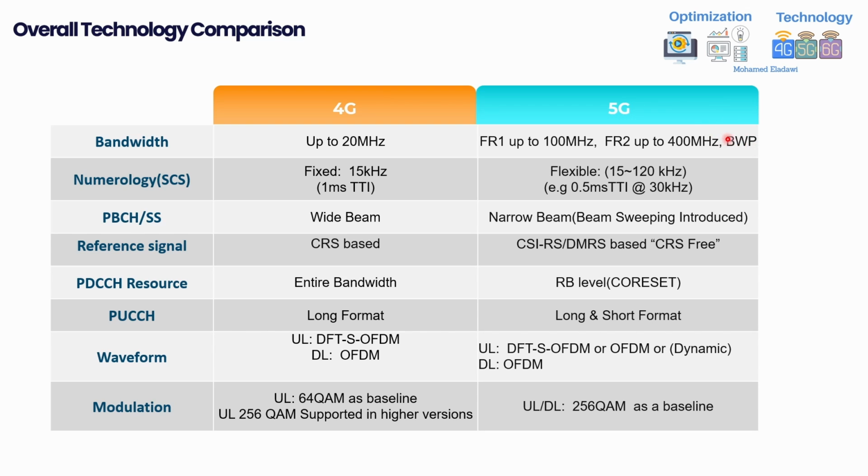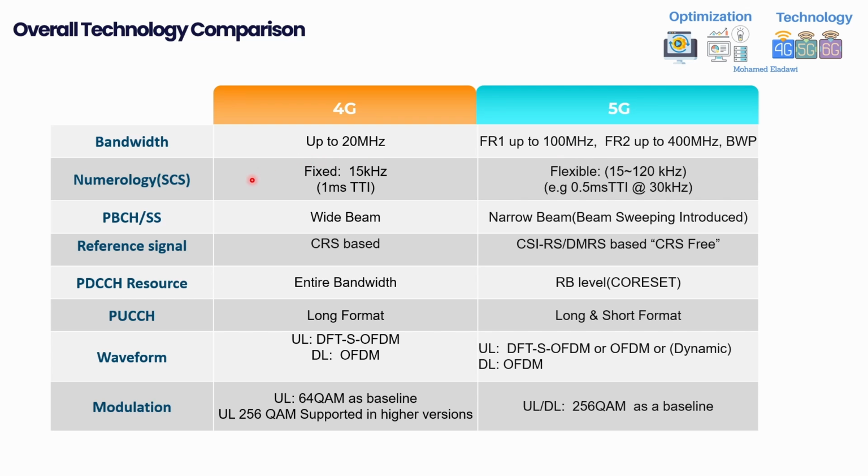For example, if a device is not supporting the full bandwidth but only a small bandwidth, it can be assigned only, for example, 20 megahertz out of 100 megahertz, and so on. It's also beneficial for battery saving. So we can summarize this point: 5G offers much higher spectrum, up to 10 times higher compared to 4G.